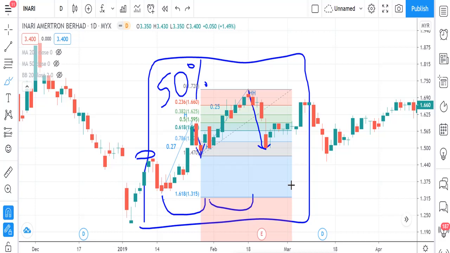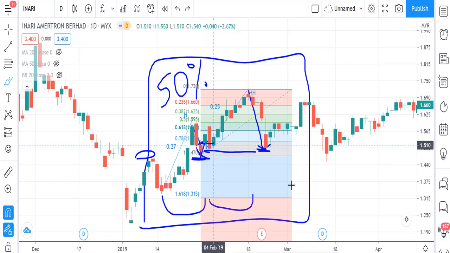Oh, it is between 100% and 78.6% retracement. So here it's in between the range. So it's between here and there. So this point is somewhere in between the two.